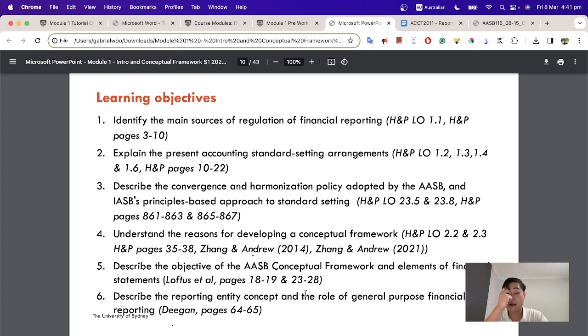Then we're going to be talking about describing convergence and harmonization policy adopted by the AASB. Once again, in an ideal world, all accounting presentations would be the same, following the same presentation standards. However, local industries may have different reporting structures. For example, Australia is really mining heavy, but let's say the Netherlands is really tech heavy, or Taiwan is really tech heavy.